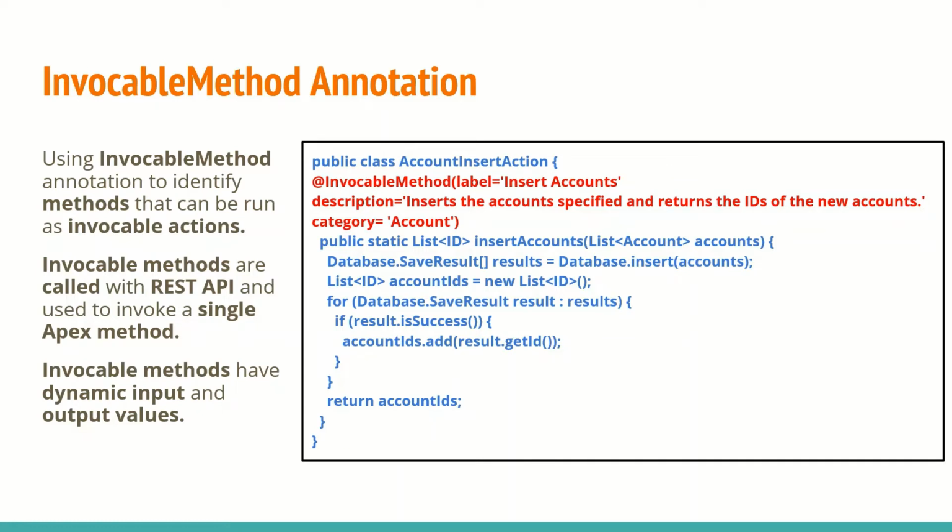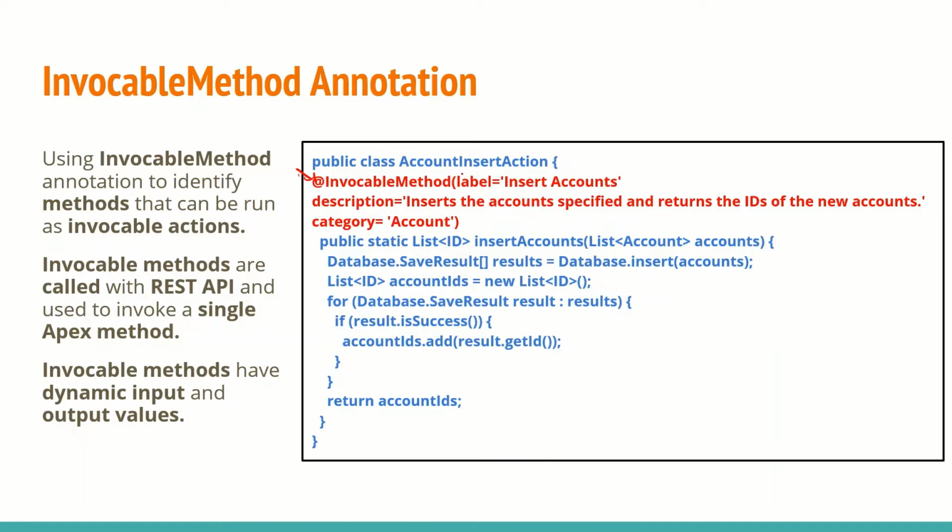Public class AccountInsertion, @InvocableMethod. The method label will be insert account. Description you can define it. Category will be account. Then you can define the logic like public static list of IDs, then insertIDs, and then Database.SaveResult. You can get the success and the error results, and according to the business logic you can implement. So basically we can annotate a method with invocable.